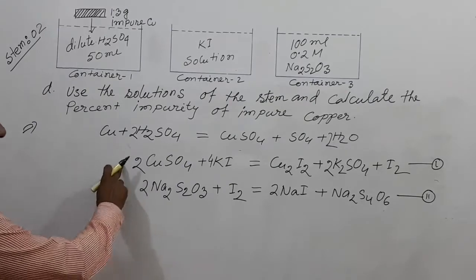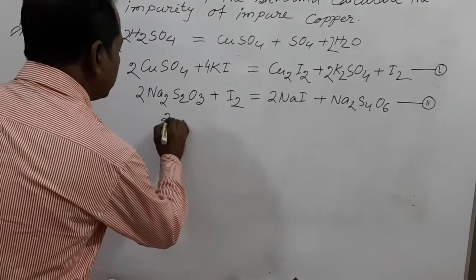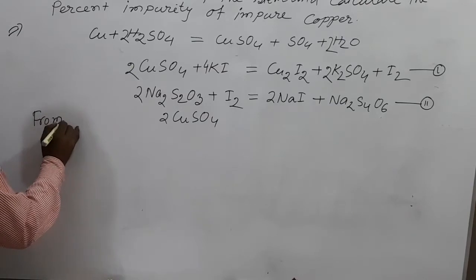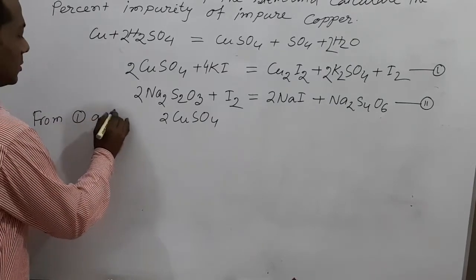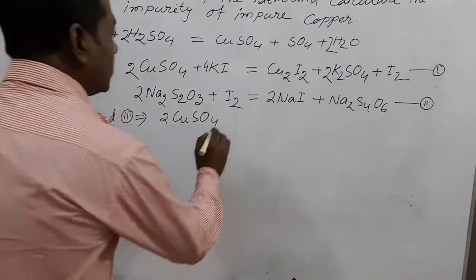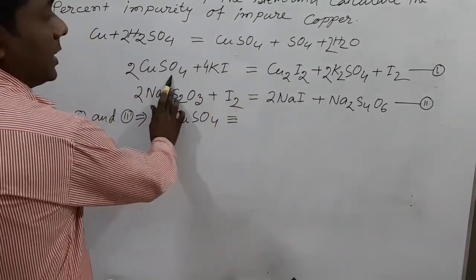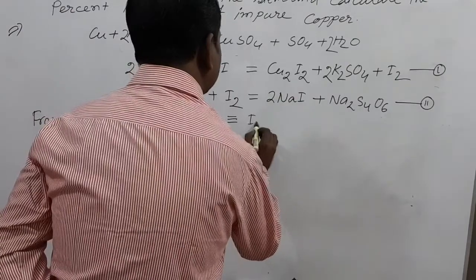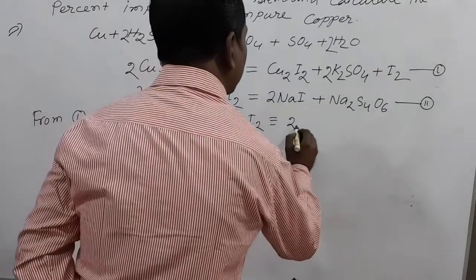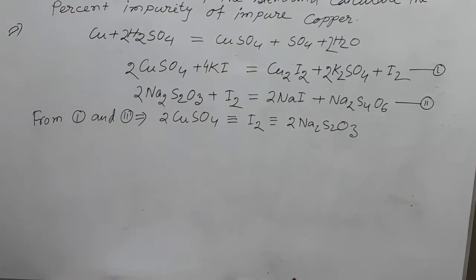From reaction number 1 and 2, my dear students, we can write 2 CuSO4 is equivalent to 1 mole iodine, which is equivalent to 2 mole sodium thiosulfate, 2 Na2S2O3.